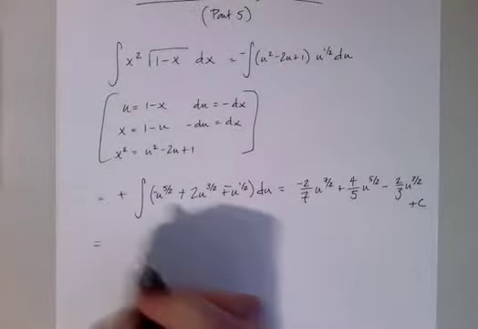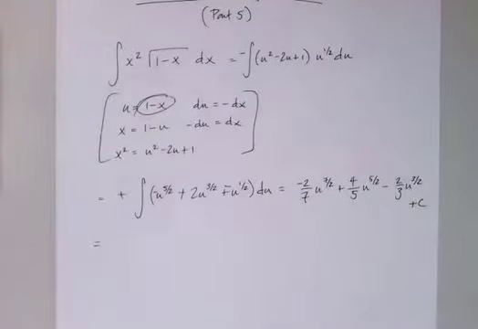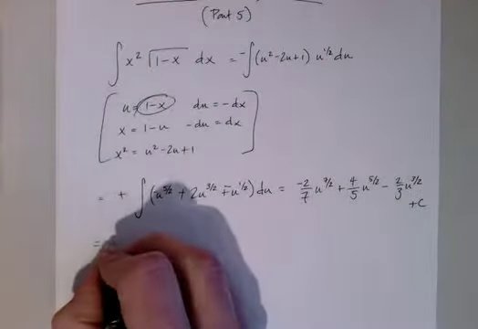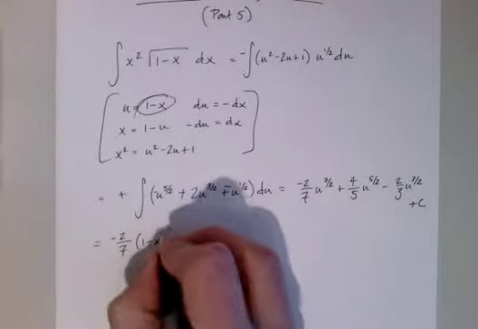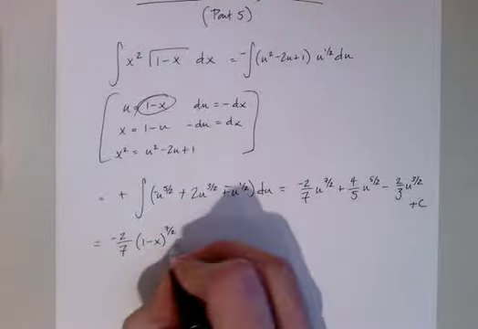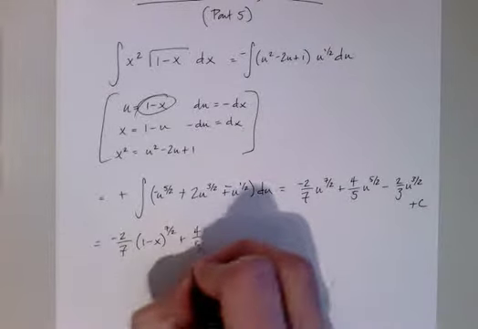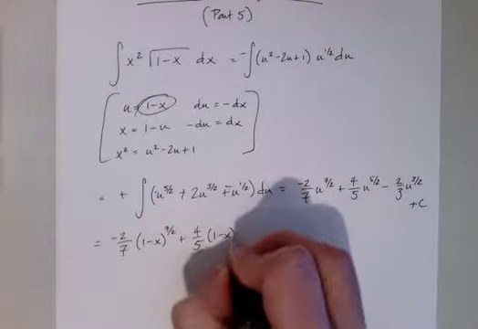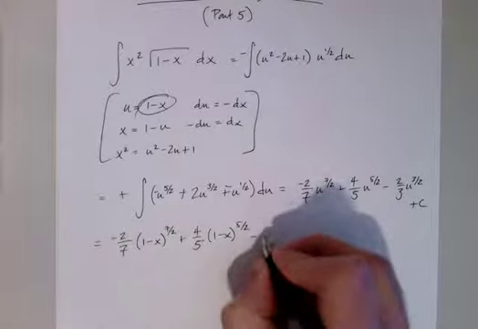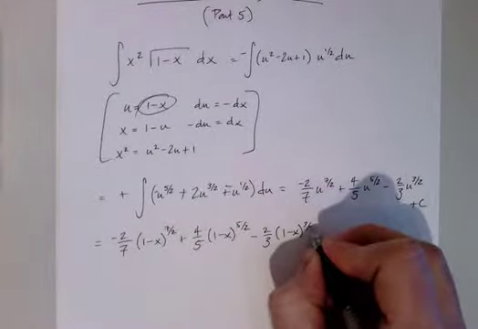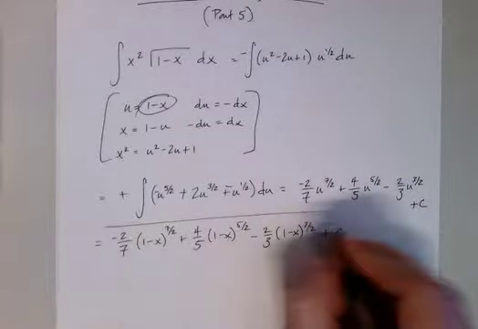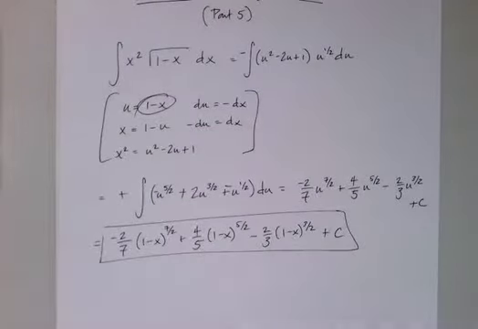Then I just have to take that expression, which is our u, and plug it back in. 1 minus x to the 7/2 plus 4/5 1 minus x to the 5/2 minus 2/3 1 minus x to the 3/2 plus c. And that right there is my integral.